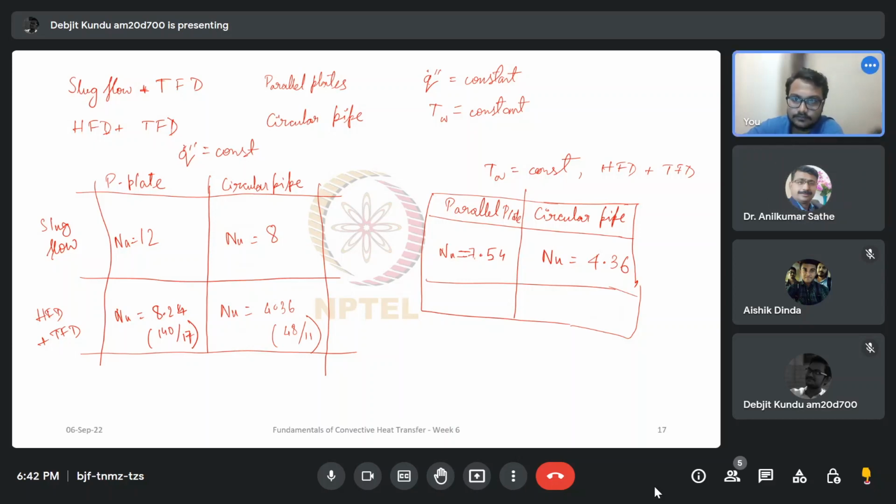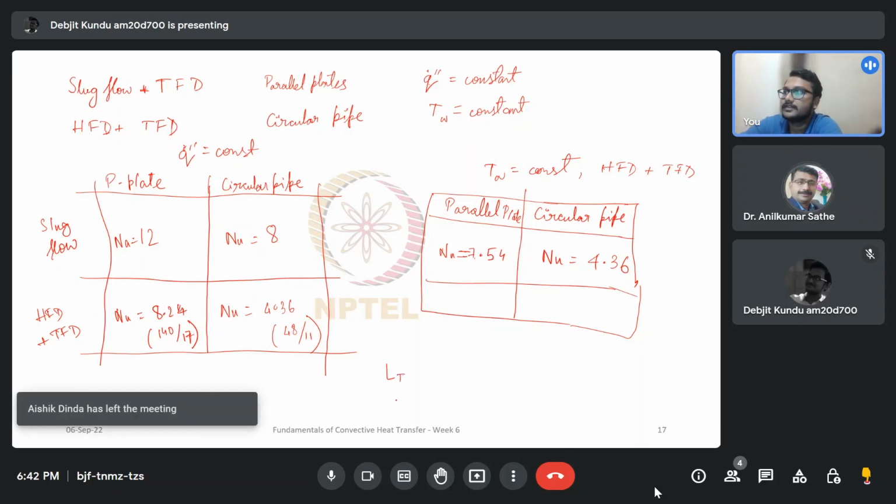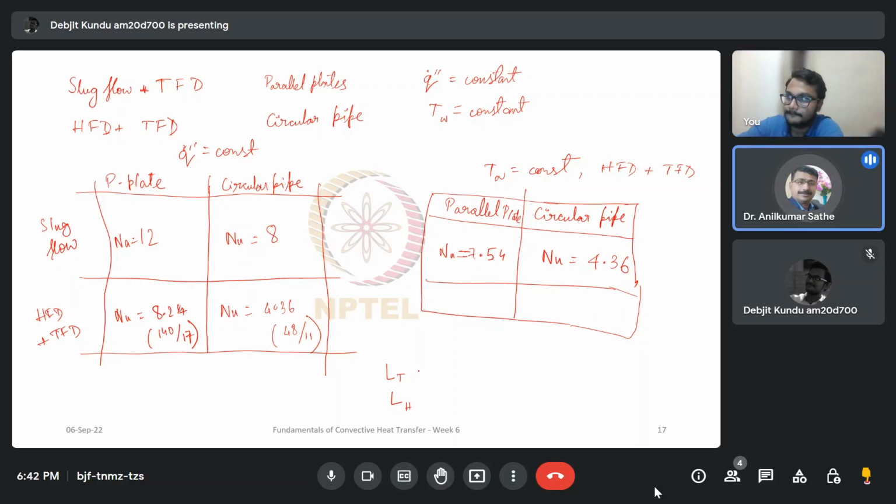So actually, sir has given that formula. The entrance length formula, there is a thermal entrance length as well as a hydrodynamic entrance length, and I have the thermal entrance length as LT by DH, where DH is the hydraulic diameter.